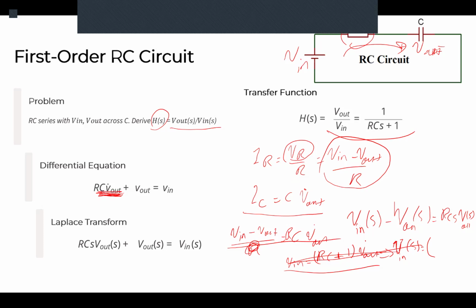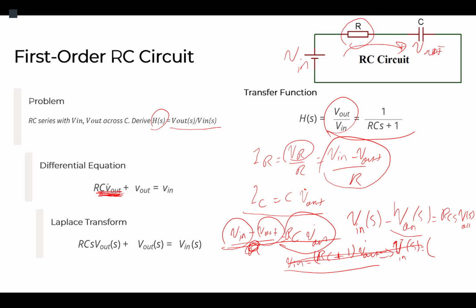We run a Laplace over that. This one is the Laplace of V in, this one is simply the Laplace of V out, and this one becomes RCS times the Laplace of V out. Then we simply move this one to the other side and solve for V out over V in. Is that clear? Are we good? Any question?